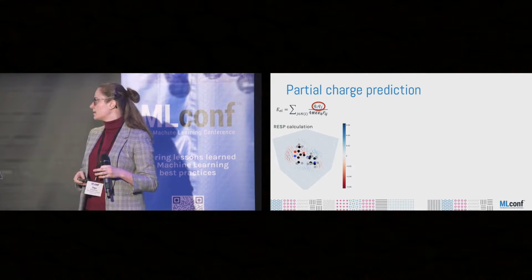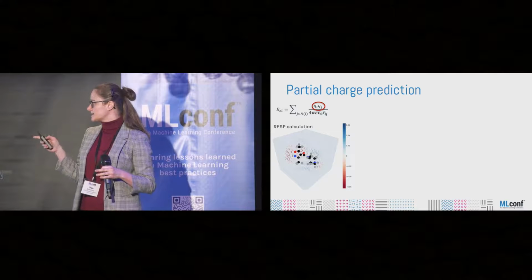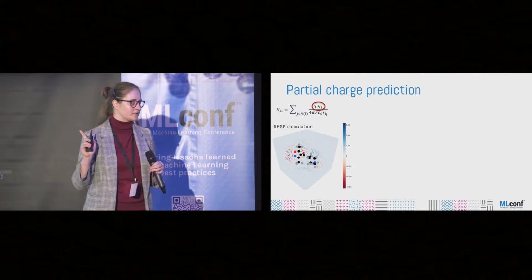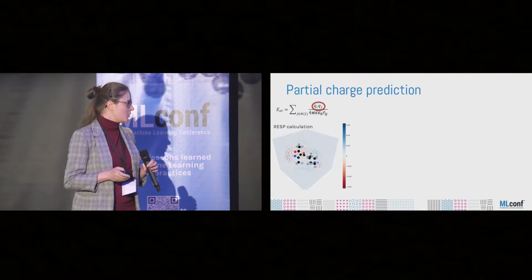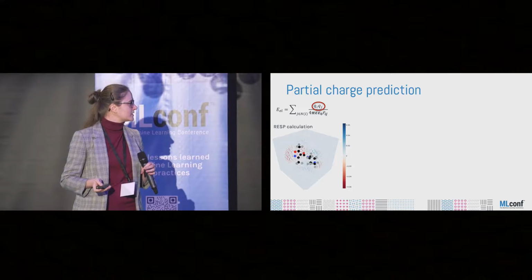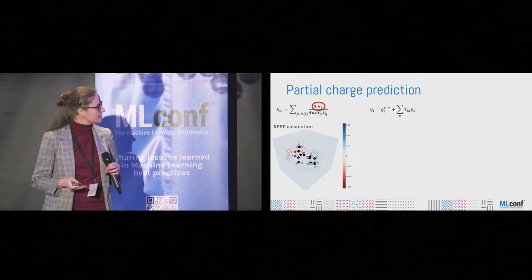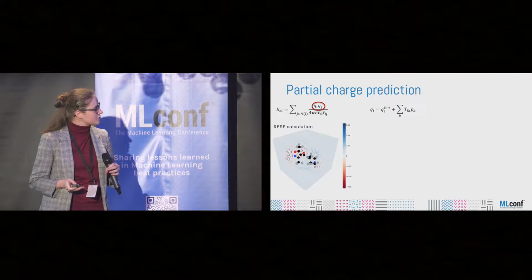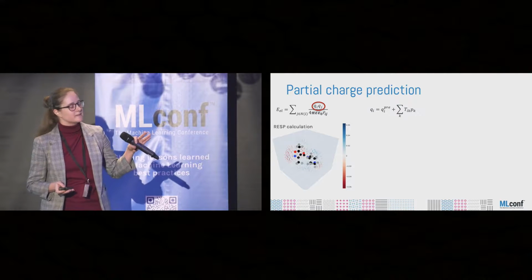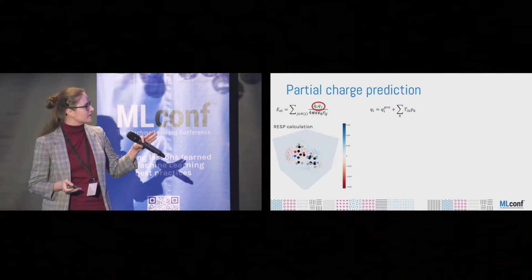The best solution that exists right now is the restrained electrostatic potential, which is absolutely slow and computationally unfeasible. So we made an approximation which takes the charge and represents it as the sum of the nominal charge and a correction term.